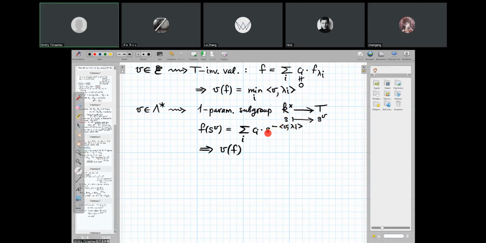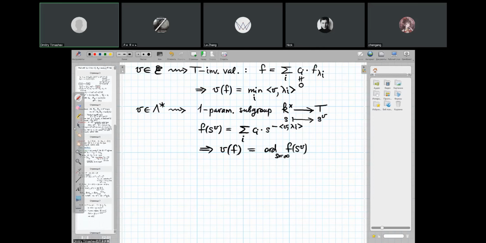Or if you like, you can take S inverse for the variable here. And so you get the minimum of the degrees of the monomials here with respect to S inverse. This minimum of the degrees with respect to S inverse is nothing but the vanishing order of this function f of S to the v at infinity, when S equals infinity.